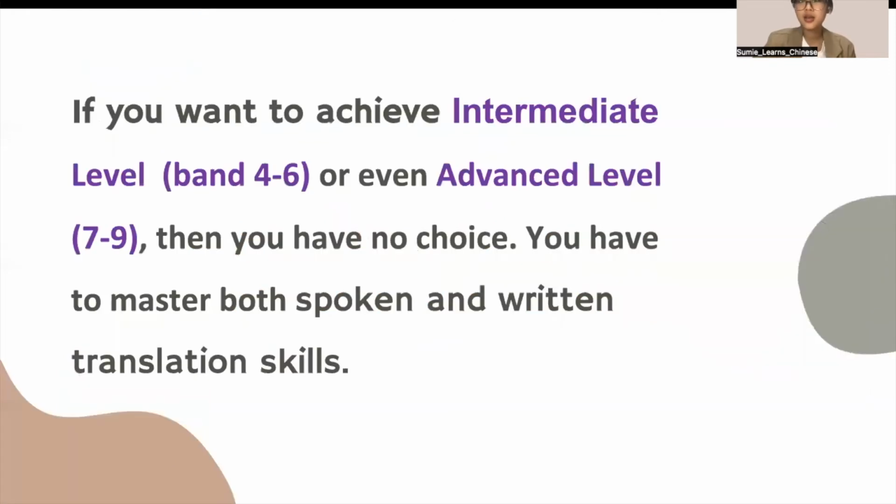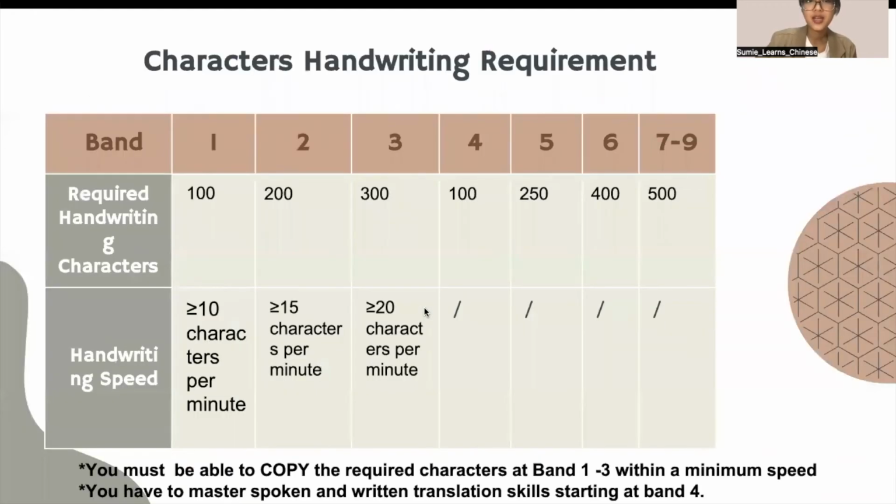So let's check it deeply. If you want to achieve the intermediate level, band 4 to band 6, or even the advanced level, band 7 to band 9, then you have no choice. You have to master both spoken and written translation skills.